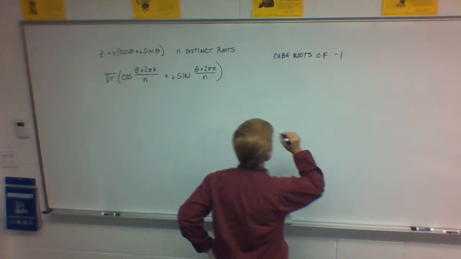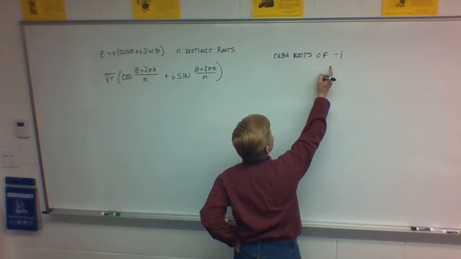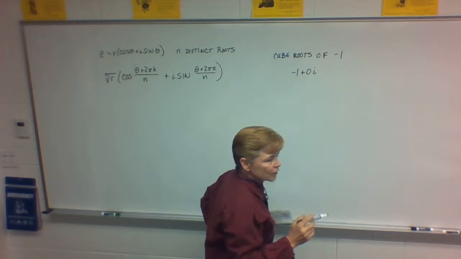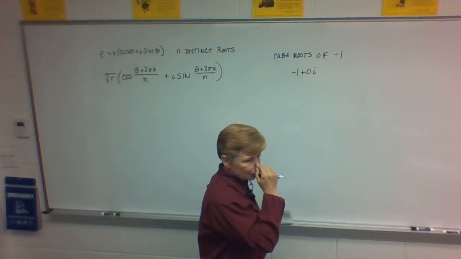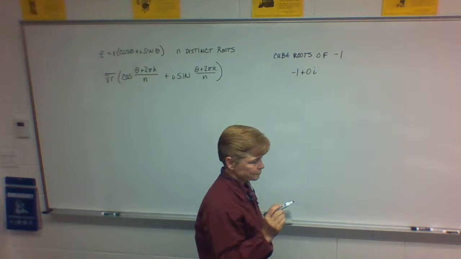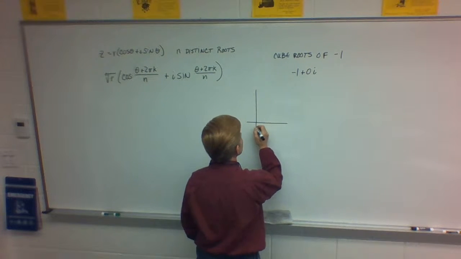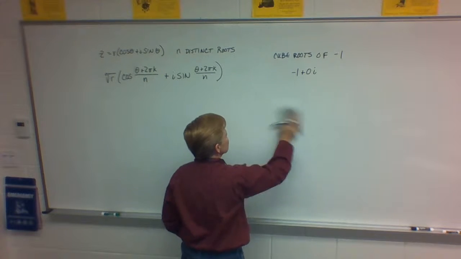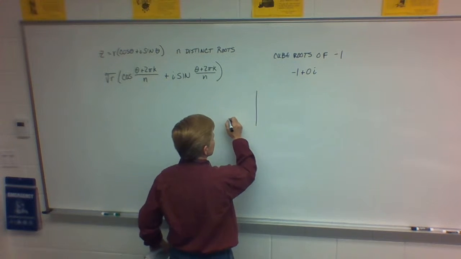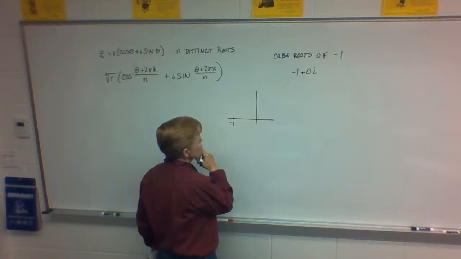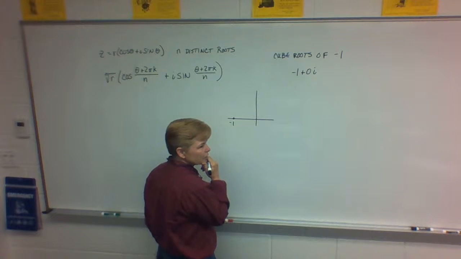This one has 3. So what we need to do first is write that -1 like this, and then convert that to cis form. So we got a little bit more work to do here. We go out to -1 back here like this. What is the radius of that point?